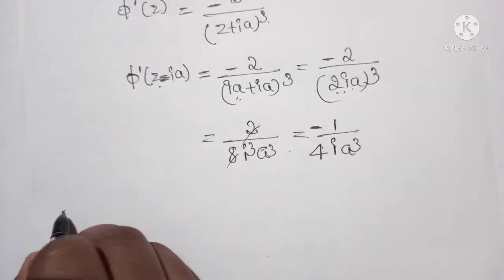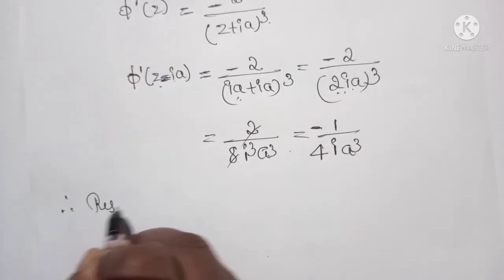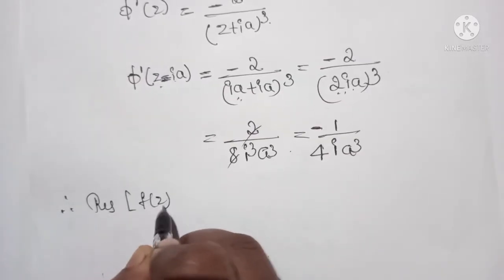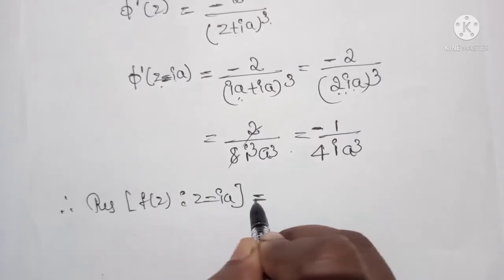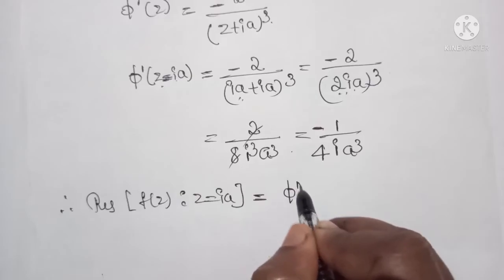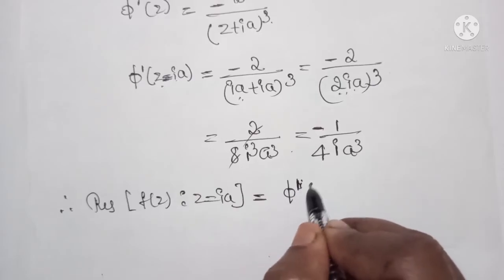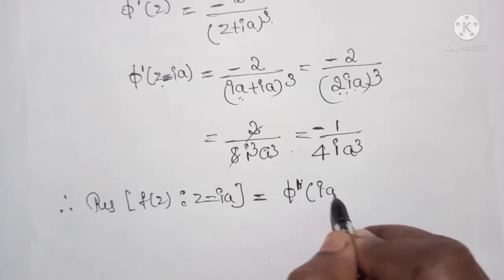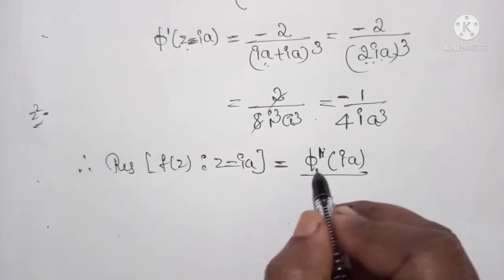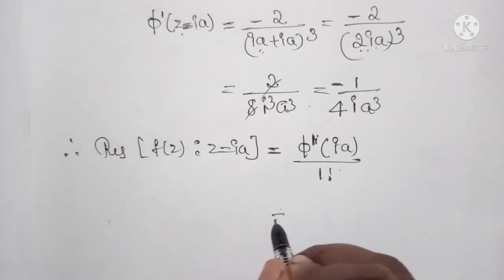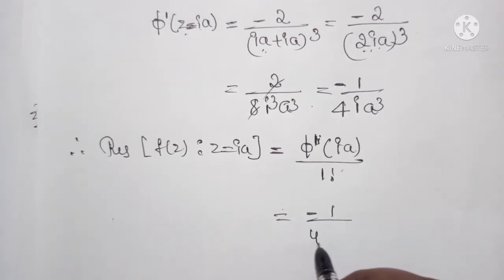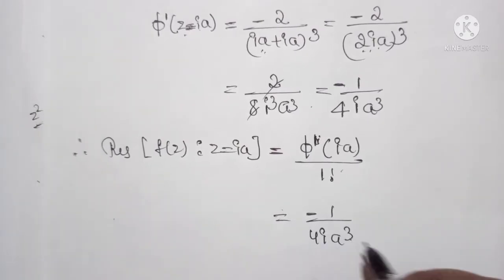Therefore the residue of f of z at z equals ia, with 2 minus 1 factorial being 1, is equal to minus 1 by 4 i a cube.